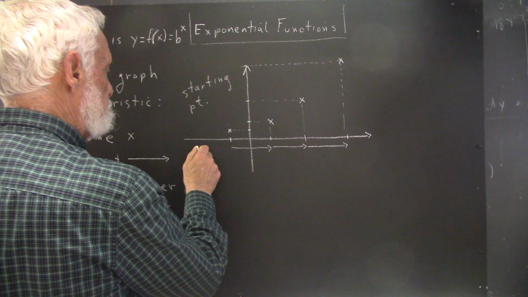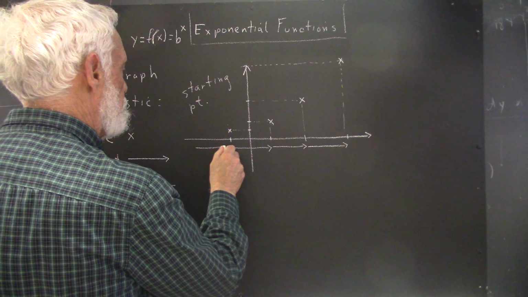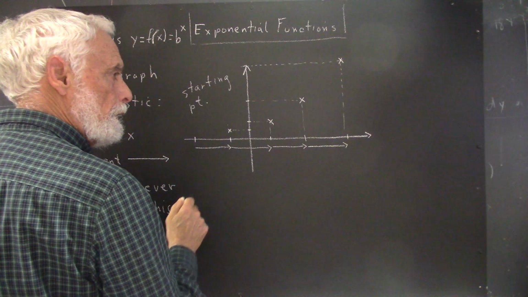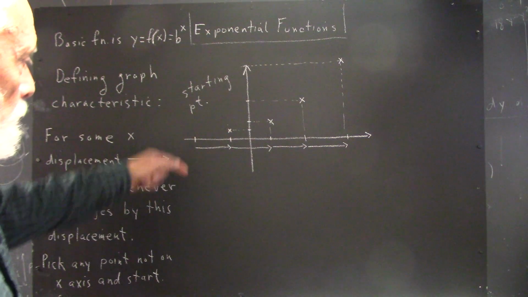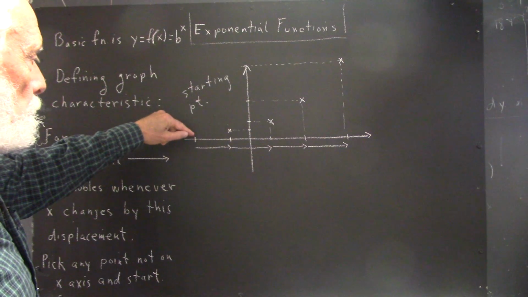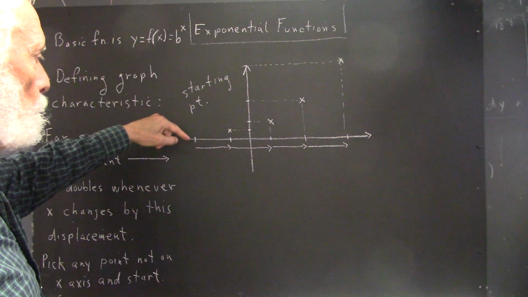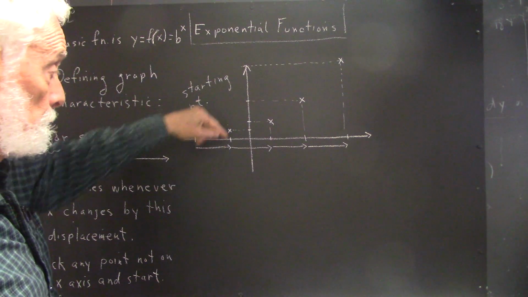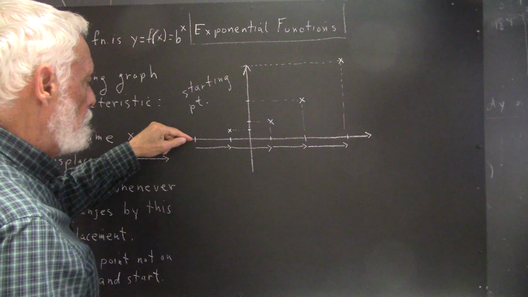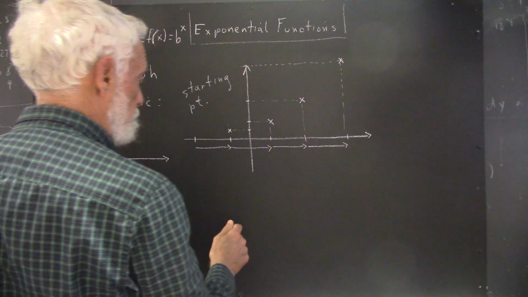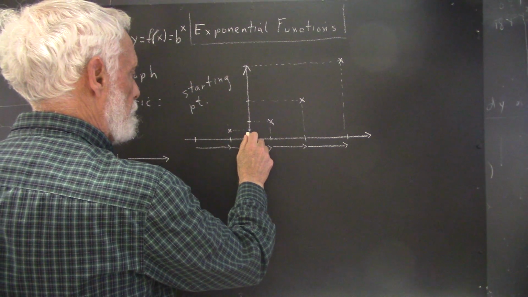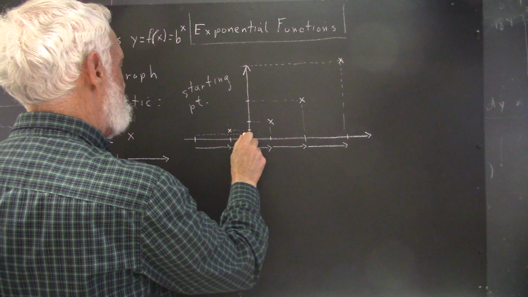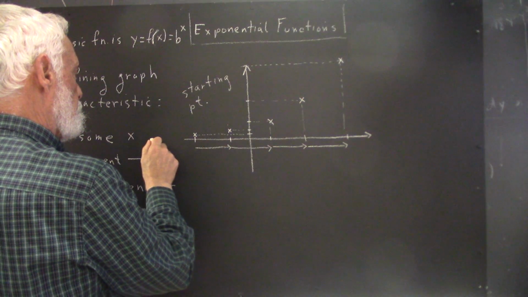If we put the same arrow here, we get an x value here, and we understand that the y value for this x point here would have to double to give us this one. So that means that the y value here has to be half of what it was here. Well, we're used to cutting things in half. That's easy enough. We'll cut that in half, and we'll project over to here.